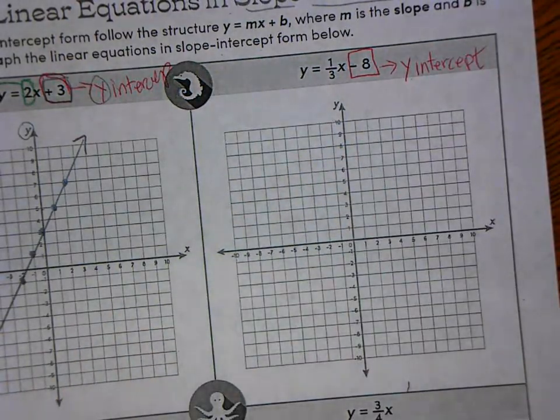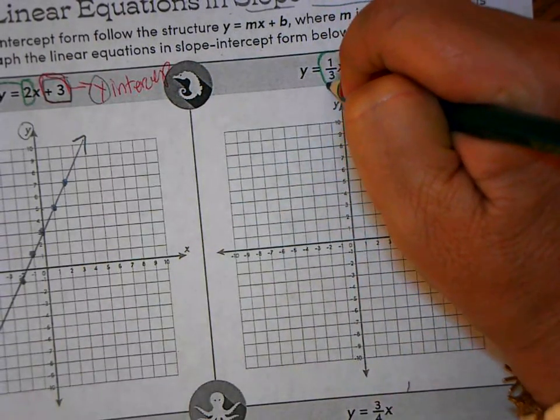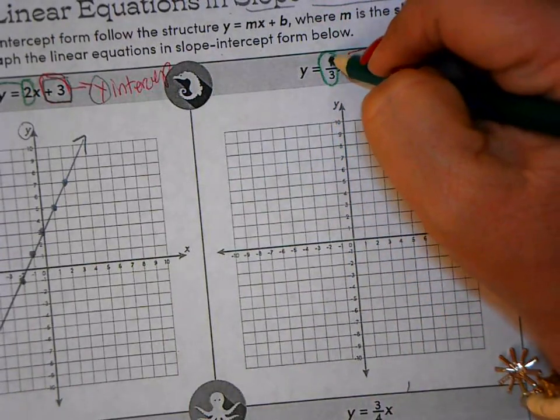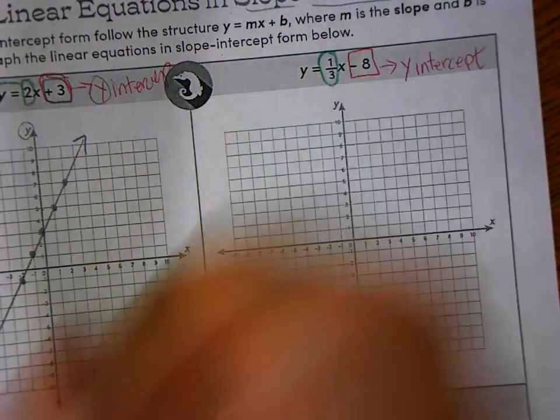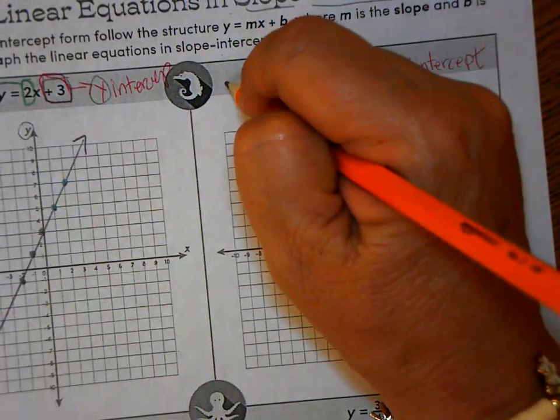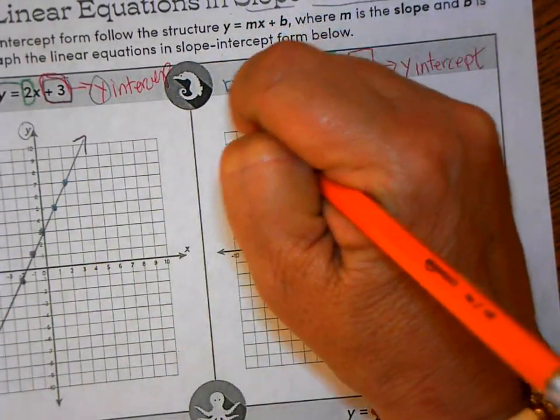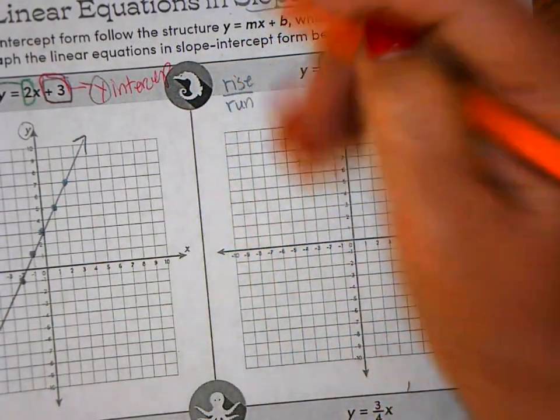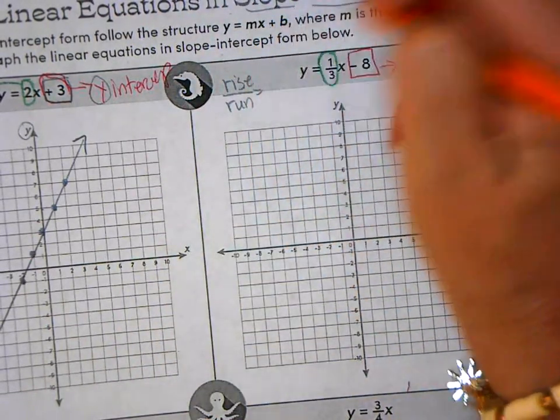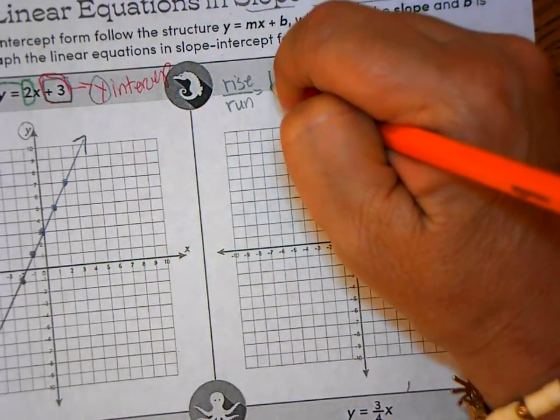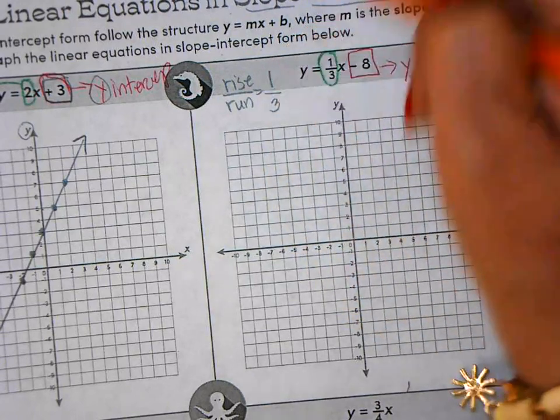Using my other color, I'm only circling the number, in this particular case the fraction 1 over 3. I am going to write rise over run just to get it into my brain to remember that I have a rise of 1 and a run of 3.